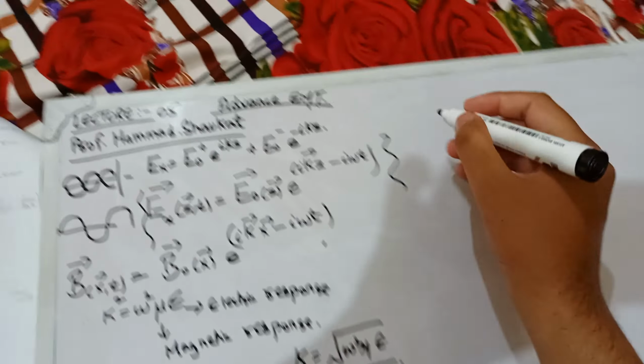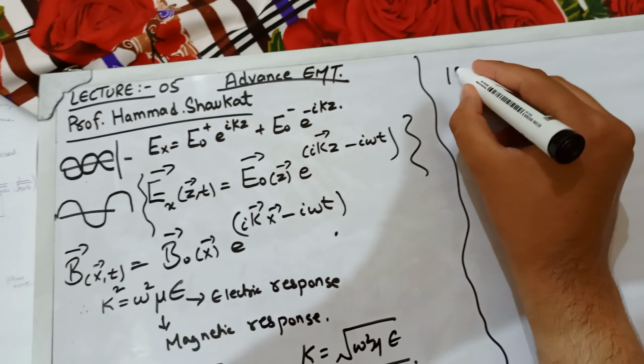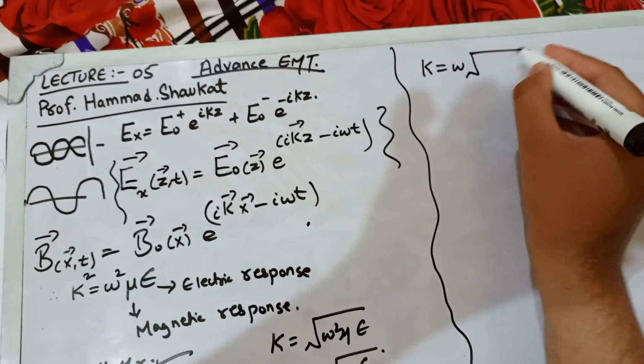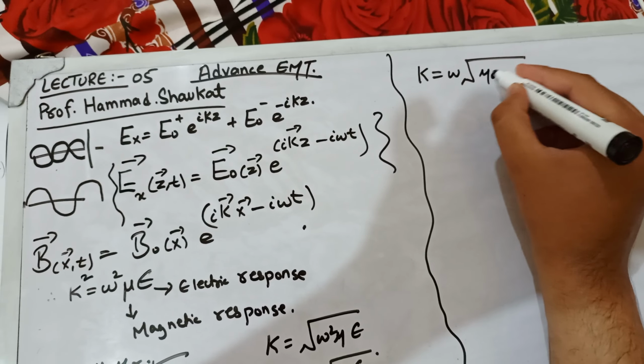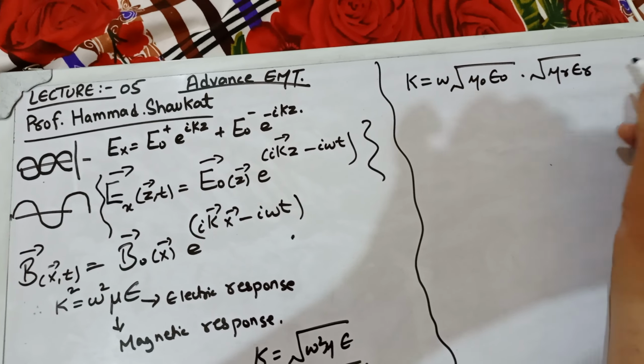You can also simplify this as k equals omega times the square root of mu naught epsilon naught multiplied by mu r epsilon r.